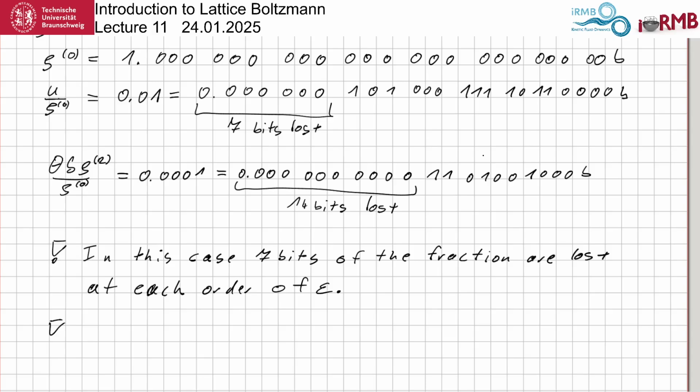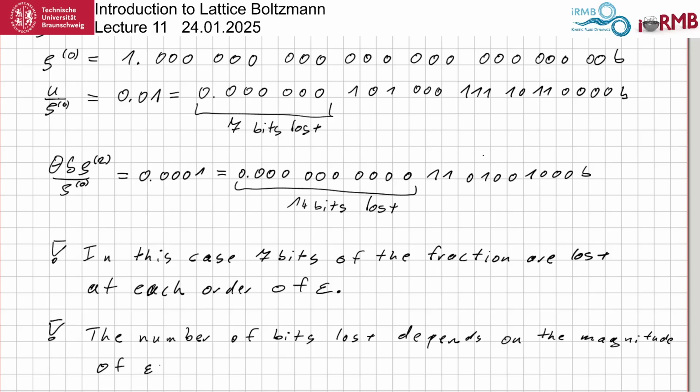But this is of course just this particular case. There could be other cases when the velocity would be smaller. So the number of bits lost depends on the magnitude of the epsilon to the order 1 variables.